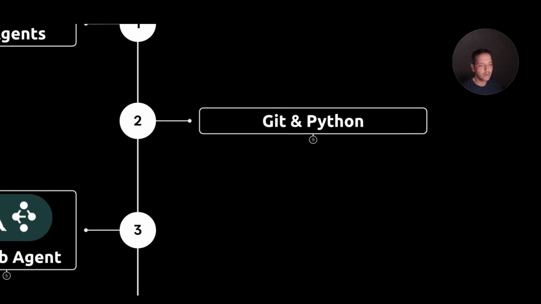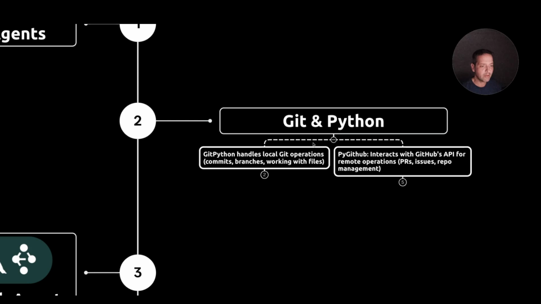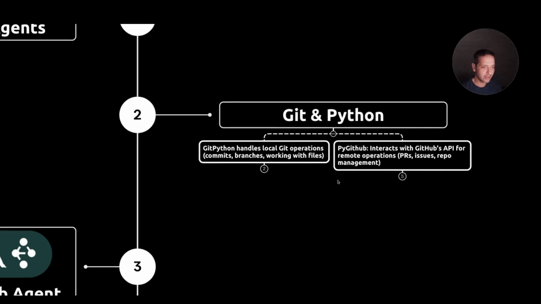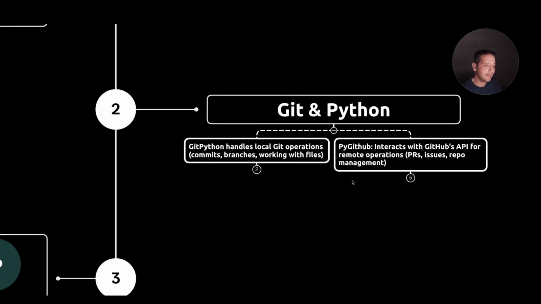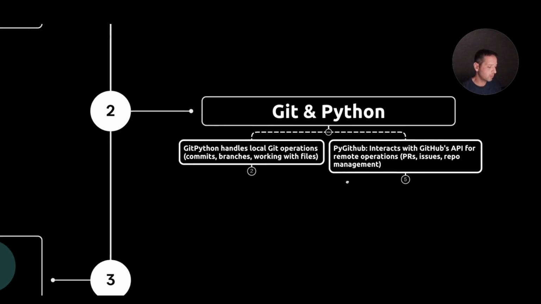Now, before we move on to setting up the AI agent and making the pull request, let's briefly discuss how we can have an AI agent interact with Git in Python. We have two main libraries that allow us to have an AI agent do anything that revolves around Git. We have GitPython that handles local Git operations, and then we have PyGithub that is specifically used for interacting with GitHub's API.